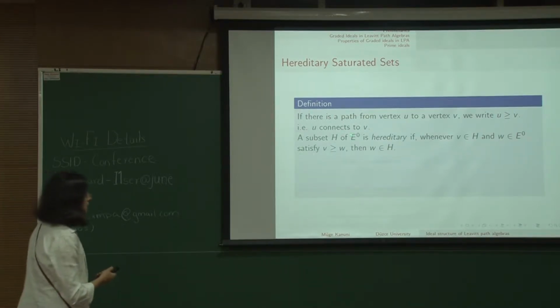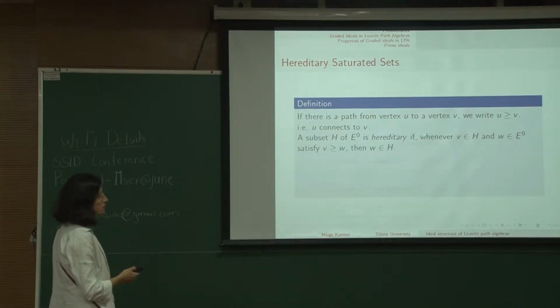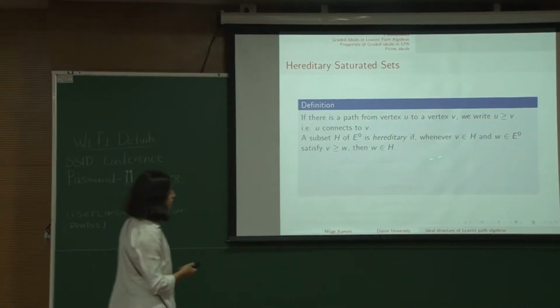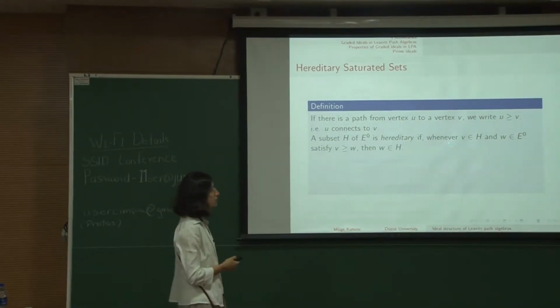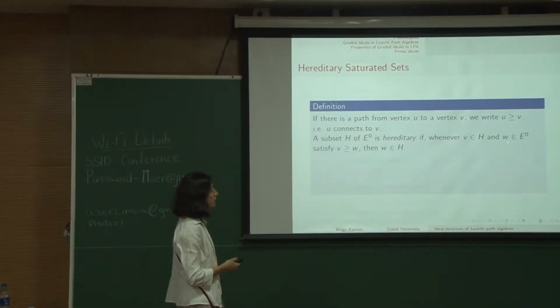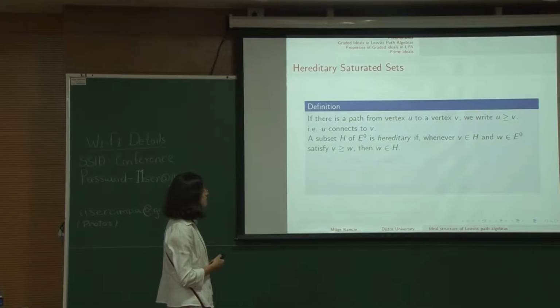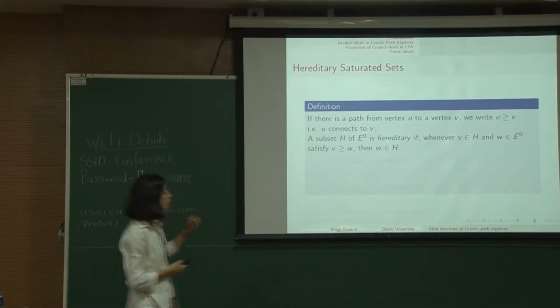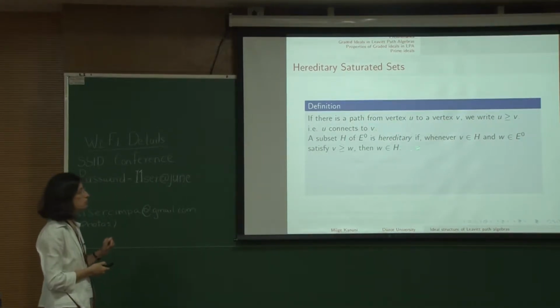A subset H of E0 is called hereditary if whenever you have a vertex in the set H, and there is a path from this vertex to any other vertex, then that vertex is also in H. Then the set is called hereditary.